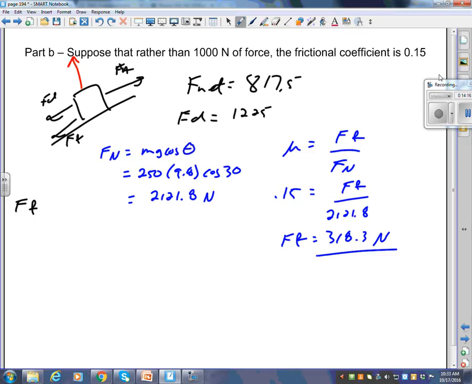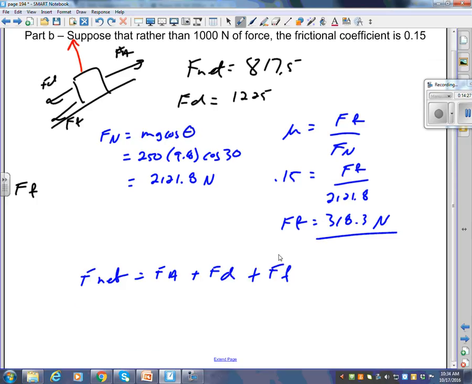If you're given the coefficient instead of that. And then we're just going to do this step again. F net is equal to FA plus FD plus FF. This F net was 817.5. We're solving for applied force.